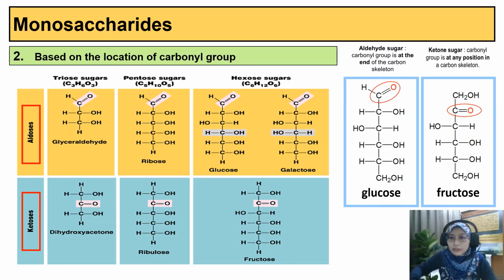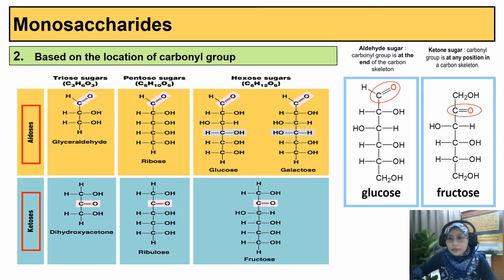Whereas for the ketose sugar, the carbonyl group is located at any position within the carbon skeleton. From this figure in the fructose molecule, we can label the carbon number based on the position of carbonyl group. This is carbon number 1, number 2, number 3, number 4, number 5, and number 6.